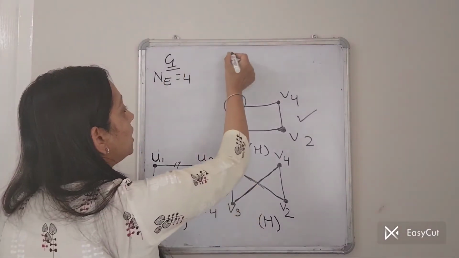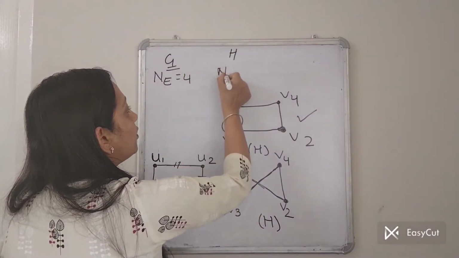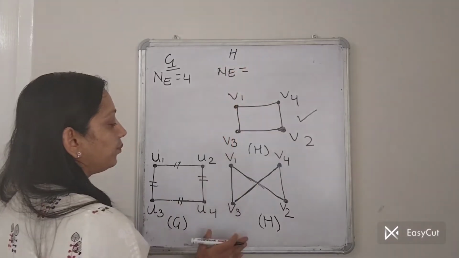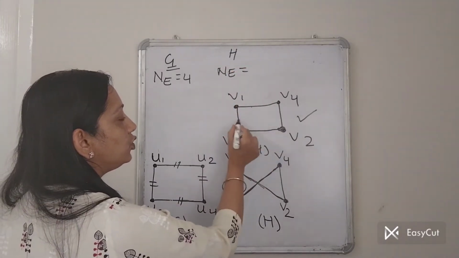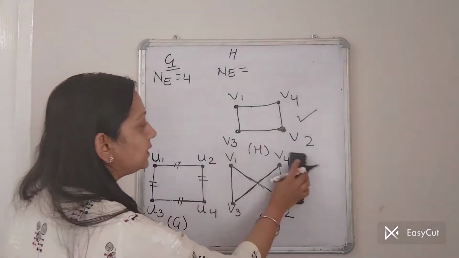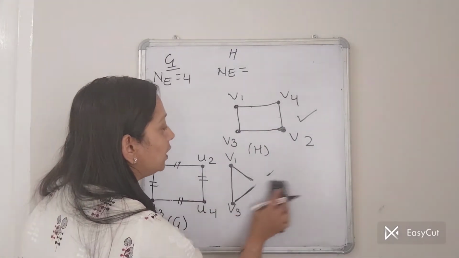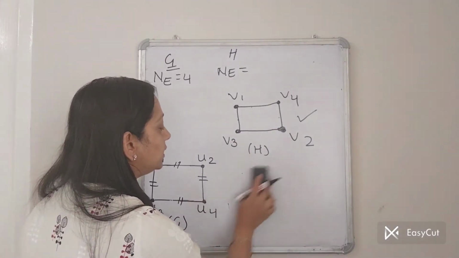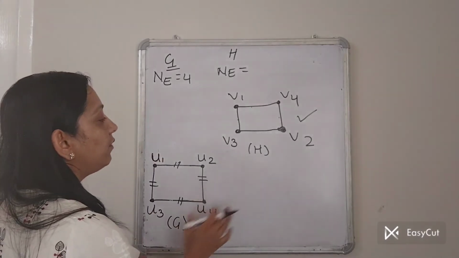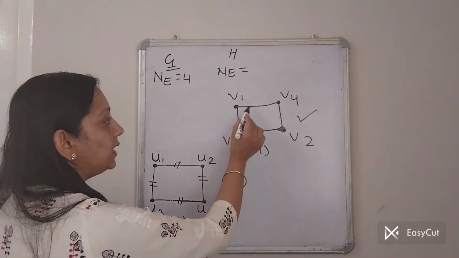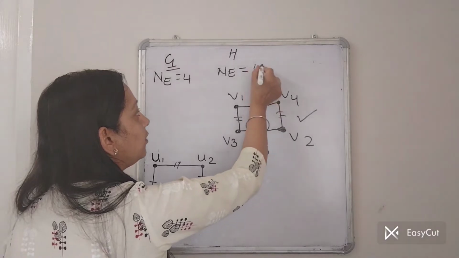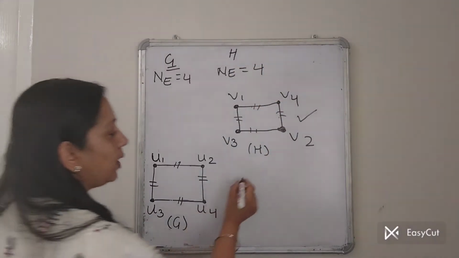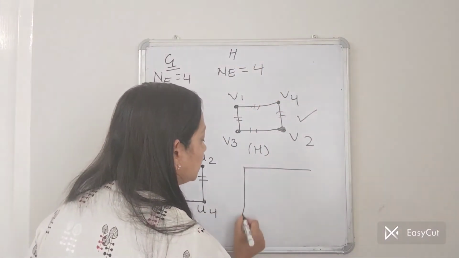Then how many edges are in graph H? 1, 2, 3, 4. Now I will erase this graph because I have pushed the edges upwards and downwards and got a simplified version of this graph. So how many edges are there? 1, 2, 3 and 4. So again, graph H also has 4 edges.